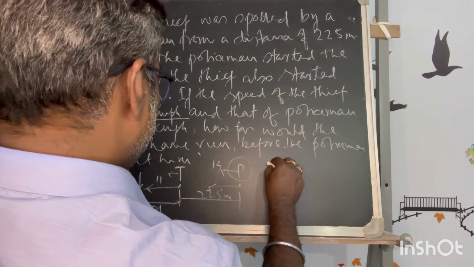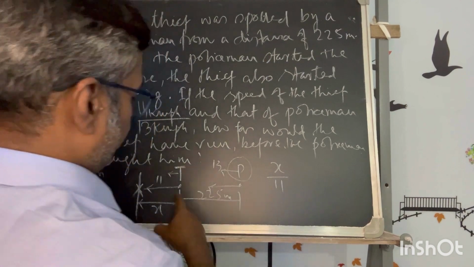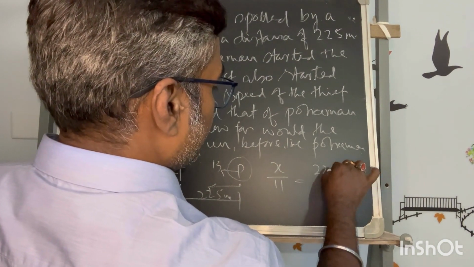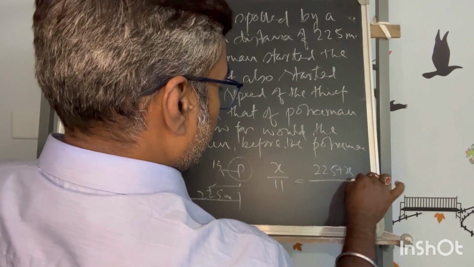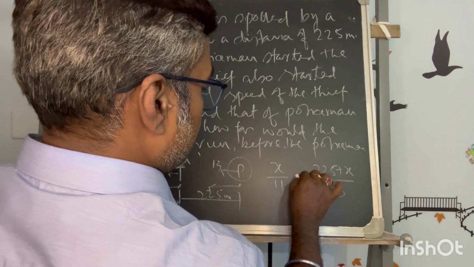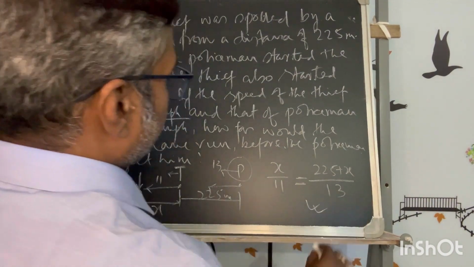So the distance upon the velocity for the thief, x divided by 11, will be equal to 225 plus x divided by 13. So their times have to be matched, and from there you can easily calculate the x.